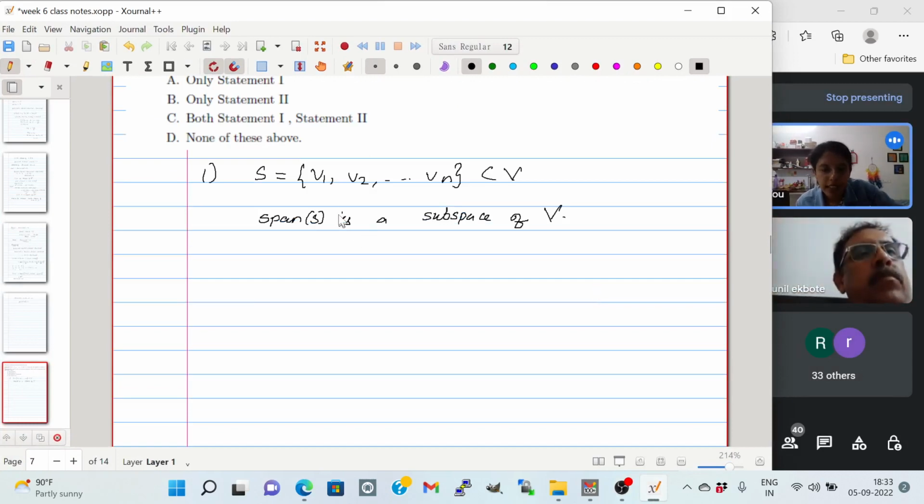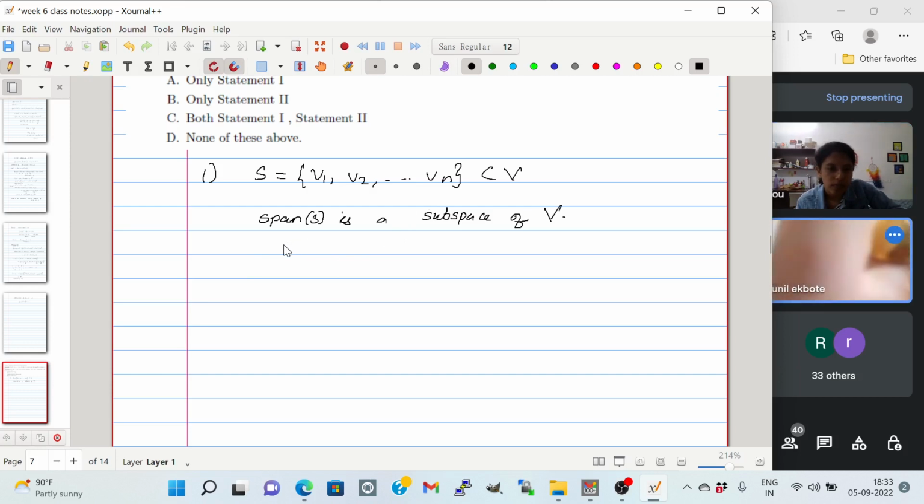So how will you check whether a set is a subspace or not? What is the theorem? Anyone please? How can we check whether a non-empty set is a subspace or not? Is this span S non-empty?